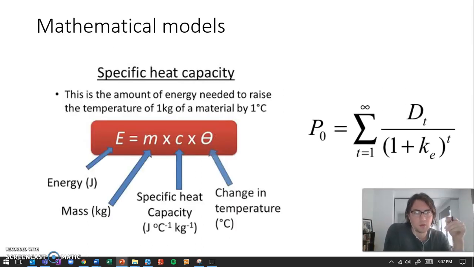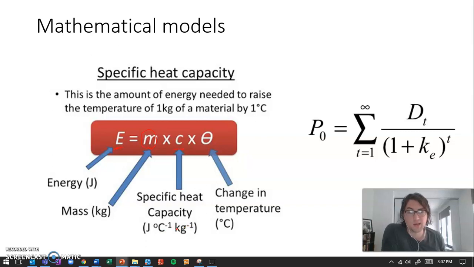So, mathematical models. I've got a few mathematical equations here to show you, and this first one in the red bubble is to do with specific heat capacity. That talks about how much energy one material can hold at any one time. So the amount of energy, E, is equal to the mass of the object times C, which is the specific heat capacity, the amount of energy per degree per kilogram.